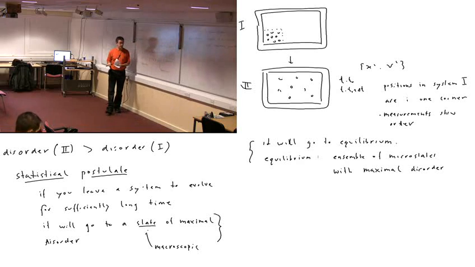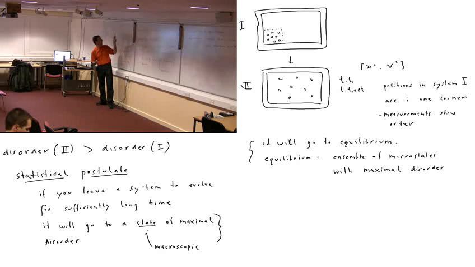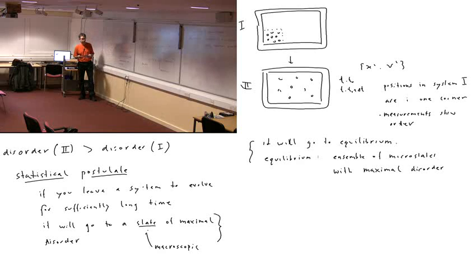A macroscopic state is a state which is labeled by a few parameters like energy and disorder, whereas a microscopic state is a state which is labeled by all the positions and velocities of these molecules. Okay. Any questions about that?